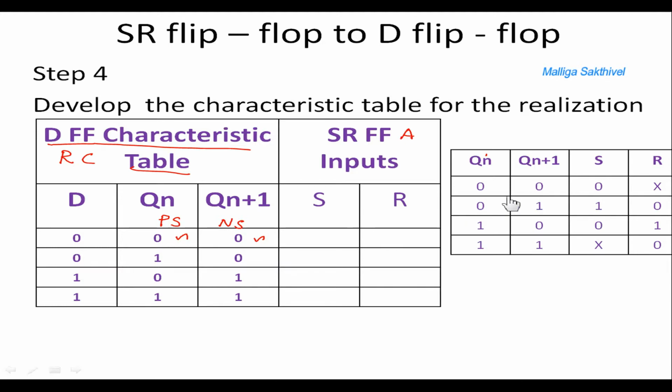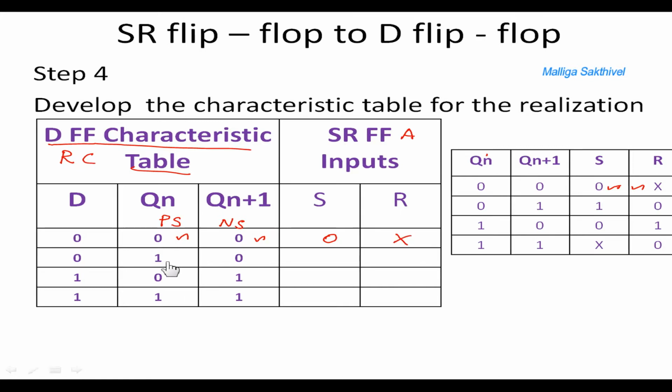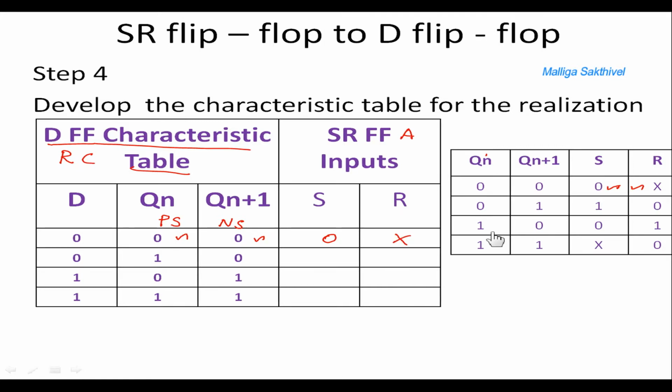So for 0 0, S is 0 and R is X. We write that here. And the next one is 1 0, so S and R will be 0 and 1.